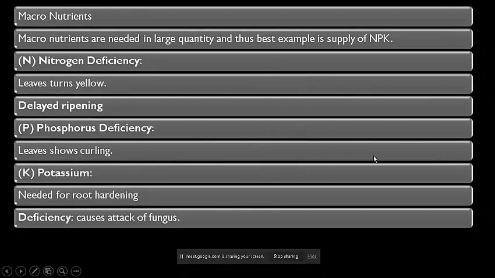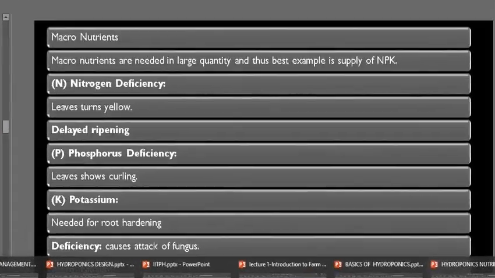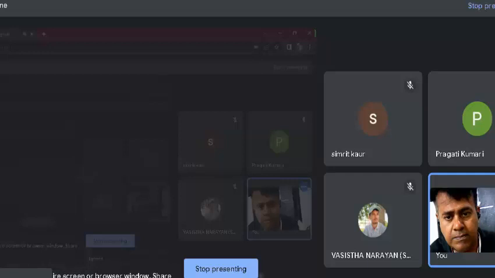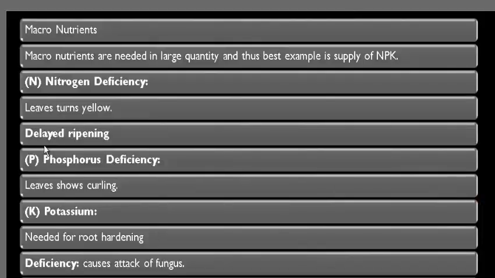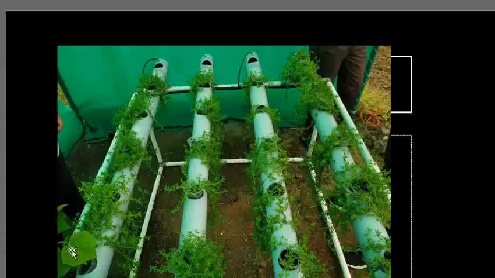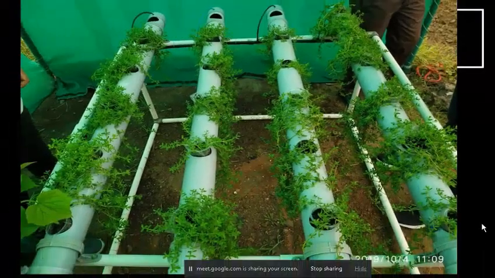How can we sterilize? Any idea how we can sterilize the system? By aerobic condition. And the second part is we should treat the cocopeat with warm water.